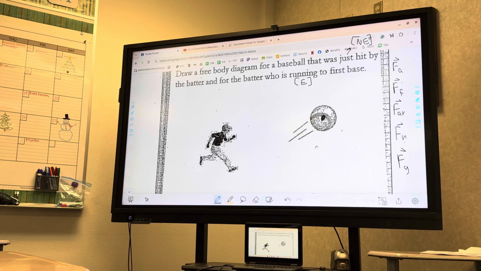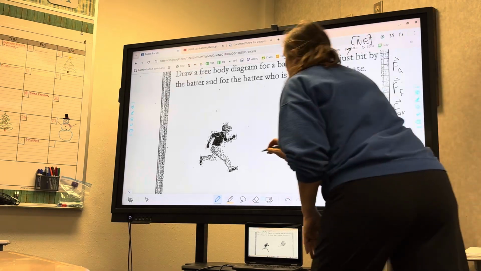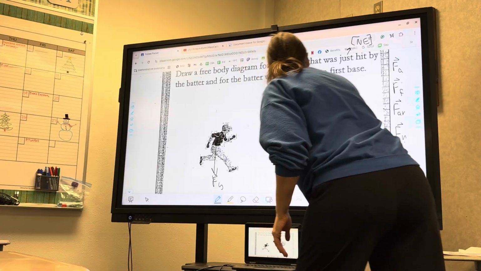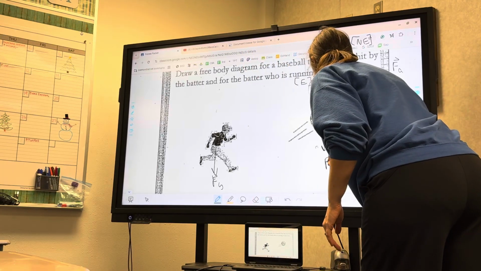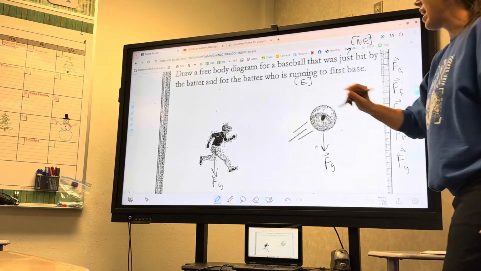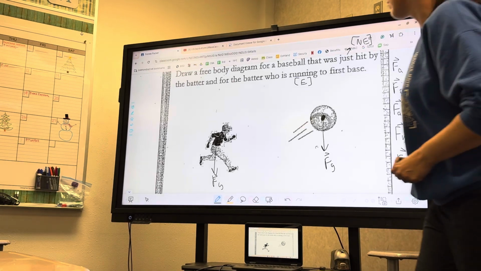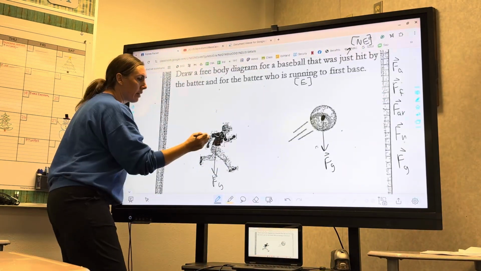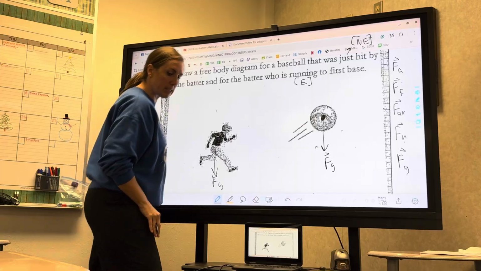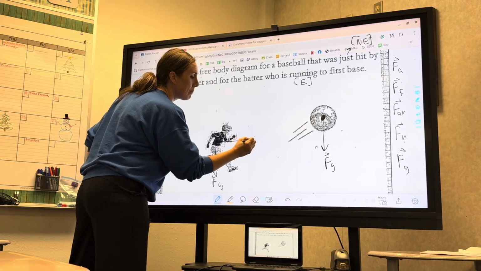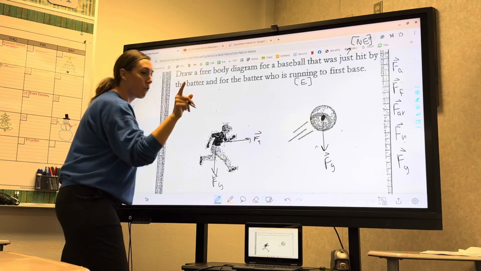Okay, so y'all, I'm not gonna lie, first thing I always do is put gravity on everything because that is a point that everybody's gonna get because everything needs gravity. That runner is gonna need the force of gravity, and that ball, no matter what, is gonna need that force of gravity. That runner is just like that car we did. He is running on the ground, so he'll have all 5 forces. Okay, he is causing himself to go forward for the push or pull, so he is applying his force applied forward.